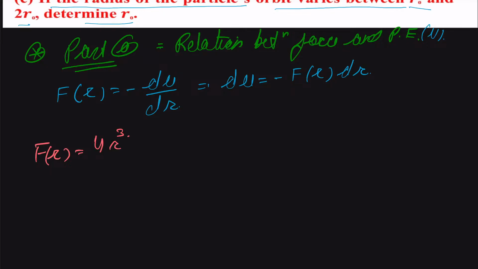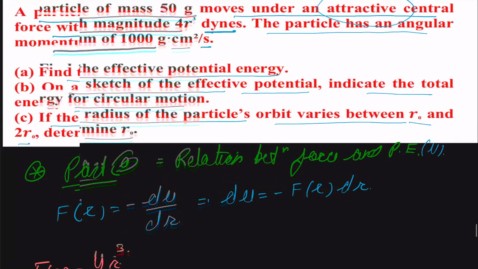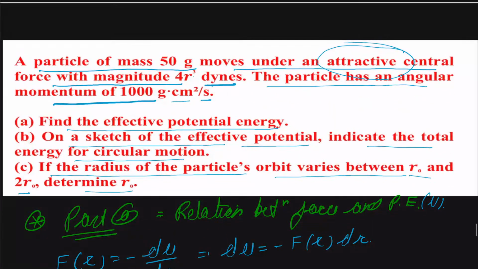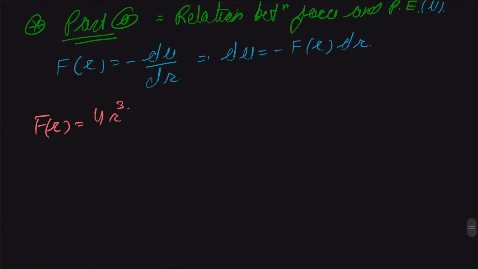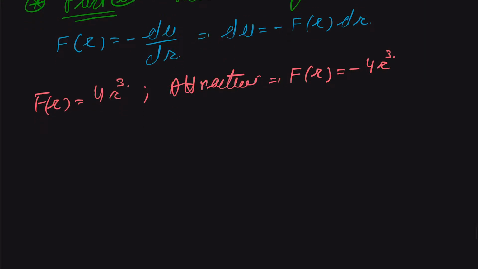Okay. And this is an attractive central force. Therefore, this is attractive, and we get that F(r) will be equal to minus 4 times r cube. Okay. Now we can just substitute it.